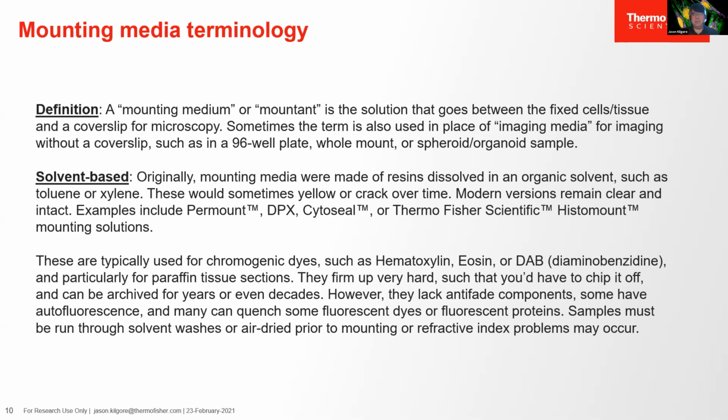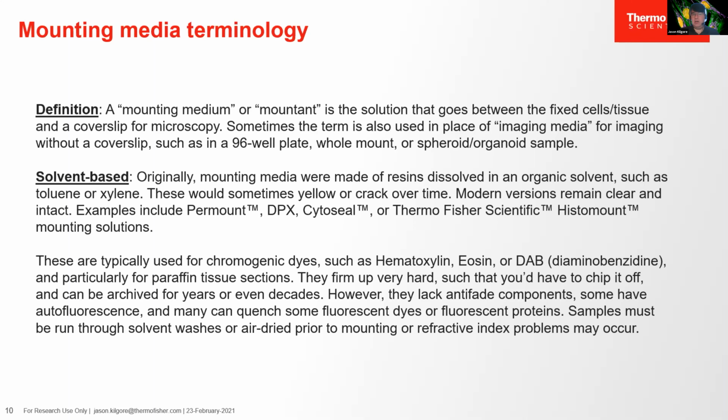And this is potentially damaging to some samples like cells or cryosections. It can cause changes in morphology. And if you use fluorescent dyes with them, they can even extract fluorescent dyes if they're already on the sample or degrade fluorescent proteins. So a lot of these solvent-based mountants aren't really ideal for fluorescence.